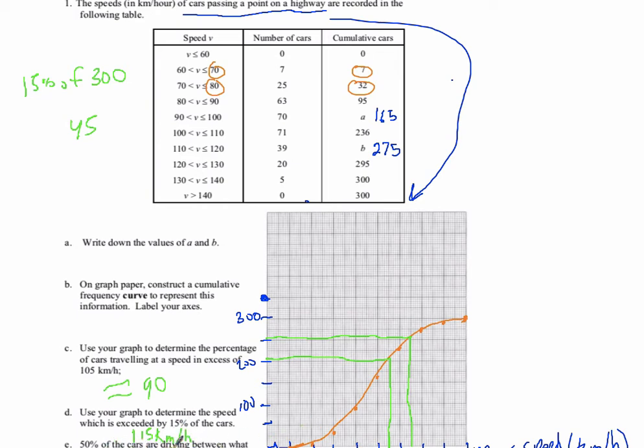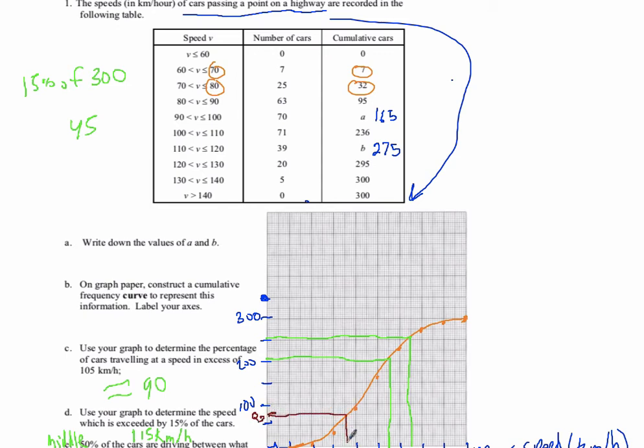50% of cars are driving between what two speeds? I guess you can pick any old interval for 50%, but this probably should say the middle 50%. That's what you're usually interested in. So for that, we'll just look at the range from Q1 to Q3. Let me use a different color. For Q1, 25% of 300 is 75. So we can go across from 75 to get Q1.